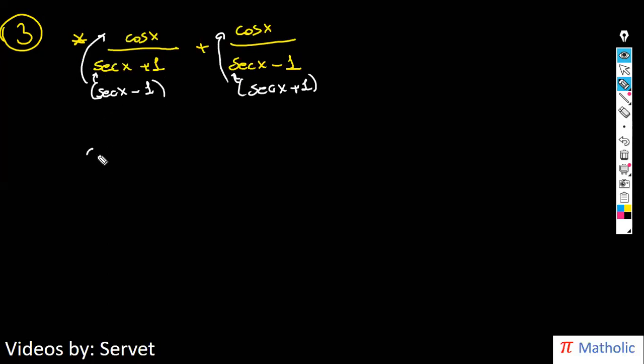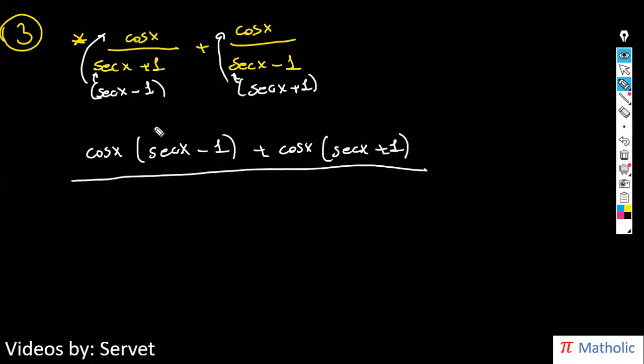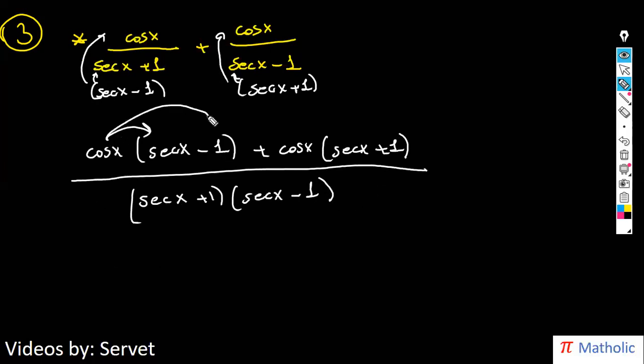So this makes cosine times secant x minus 1 plus cosine times secant x plus 1 over secant x plus 1 times secant x minus 1. Let's distribute.